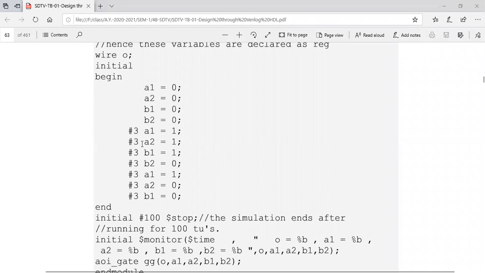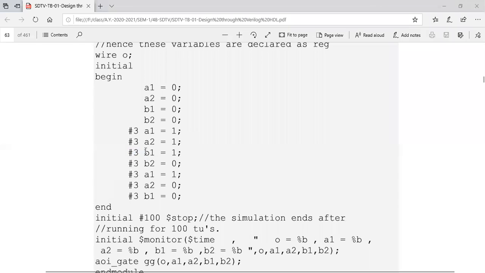After some time, with the same values, that means A1 as 1 and A2, B1, B2 as zeros, we run for 3 seconds. After the third second, we make A2 as 1 now. So the values are A1 1, A2 1, B1 0 and B2 0. We run the same values for 3 seconds.